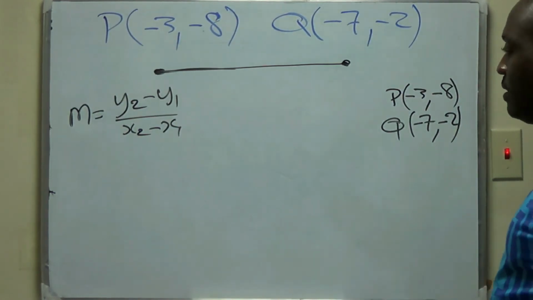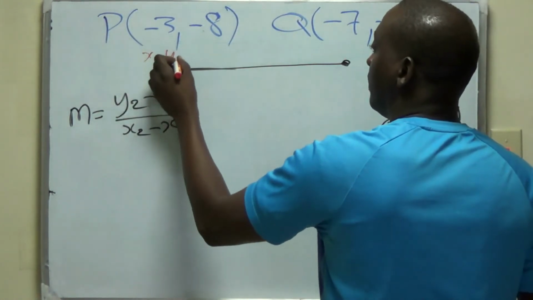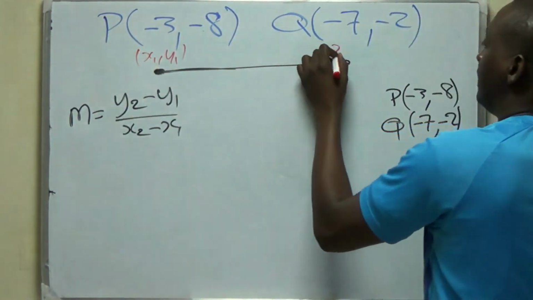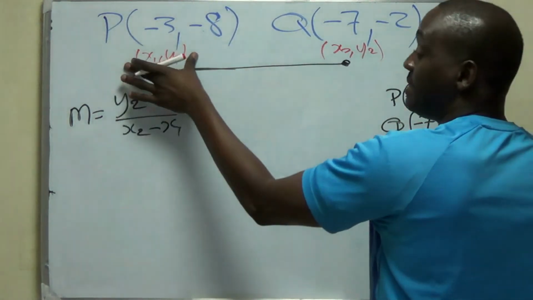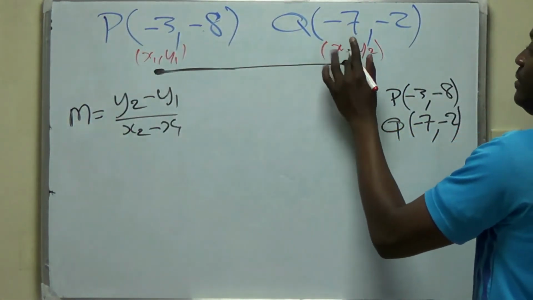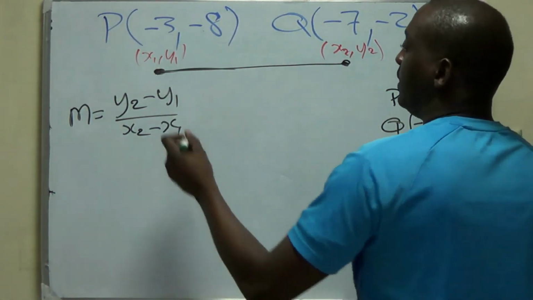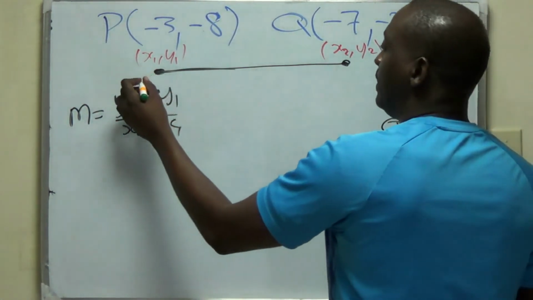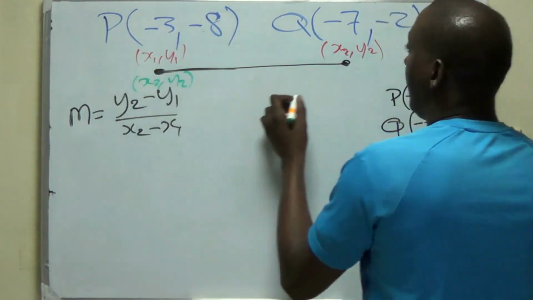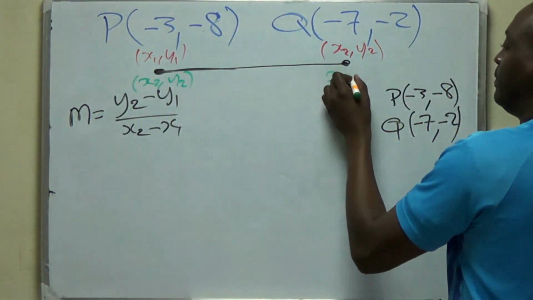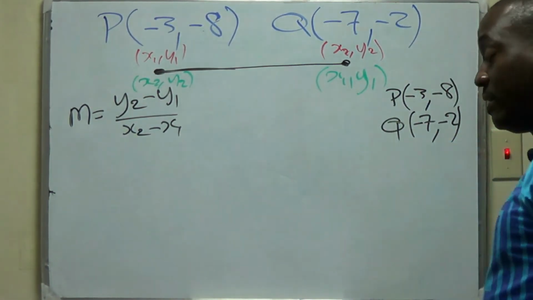So in the red scheme, P is x1, y1 and Q is x2, y2. In the green scheme, your P would now be x2, y2, and Q would be x1, y1. Good? So let me go with the red first.